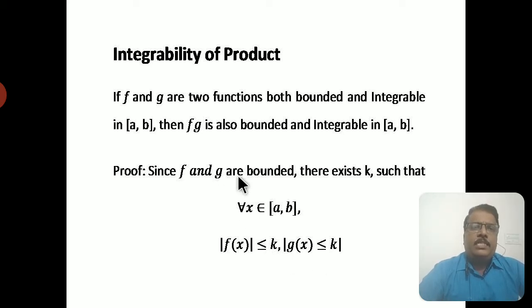Similarly g is also bounded, so the absolute value of g(x) is also less than or equal to k. Because f and g are bounded, by the definition of boundedness we took this.